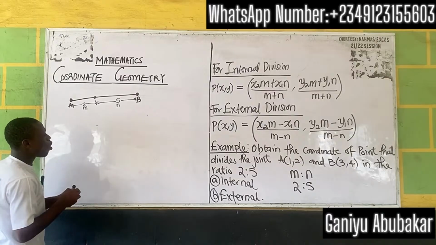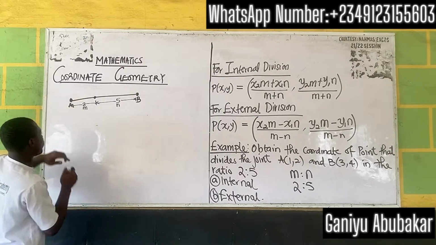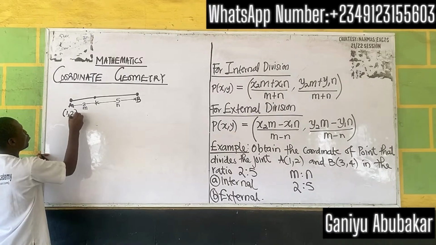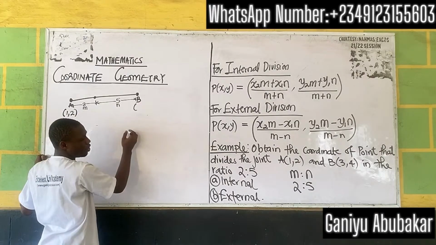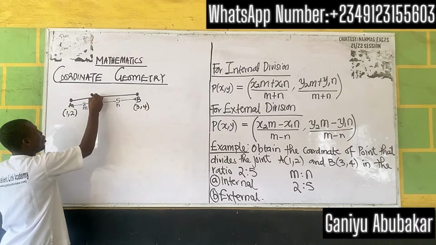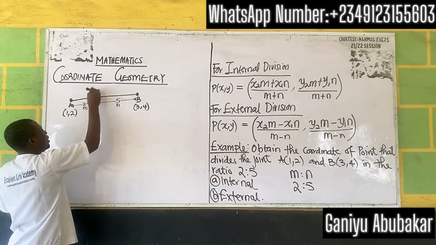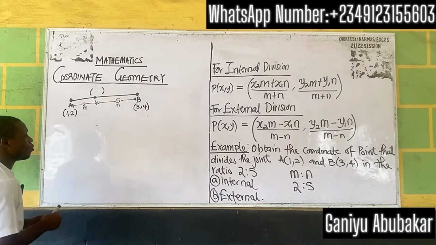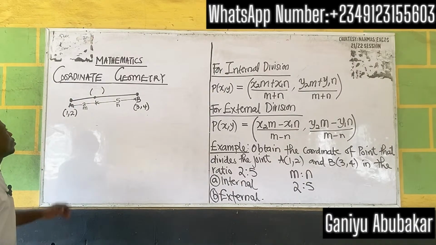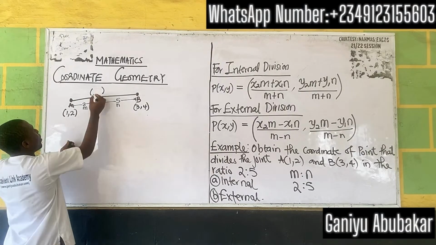So I'm told to obtain the coordinate of this point. Point A has a coordinate, that's 1, 2. B has a coordinate, that's 3, 4. This particular point will also have a coordinate, and that's what we have to look for. It will be something, comma, something.